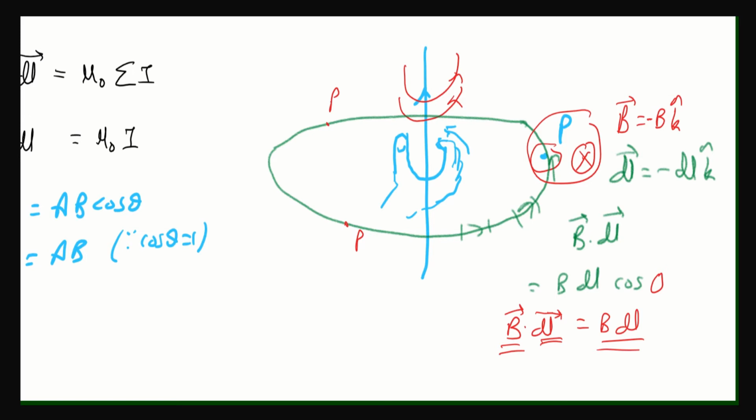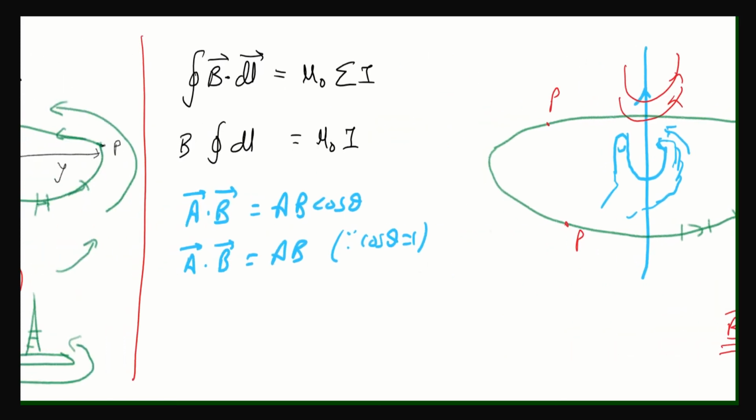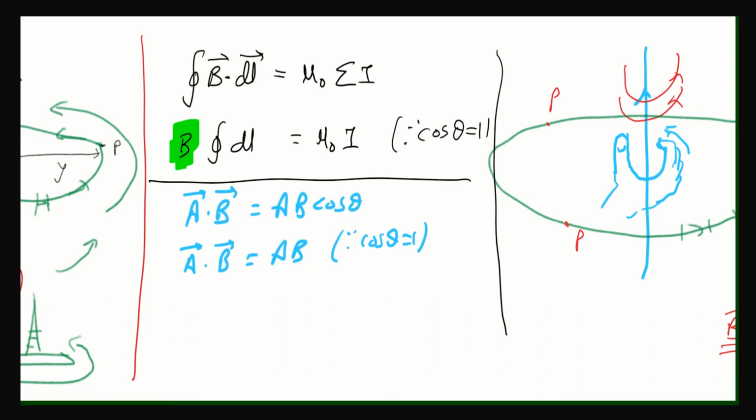And as the magnetic field at point P is constant, whatever the value, B has to be constant, and then we can write B outside the integration. Cos theta is 1, so we are not wrong if we write vector B dot vector dl as B dl. So that is one thing.